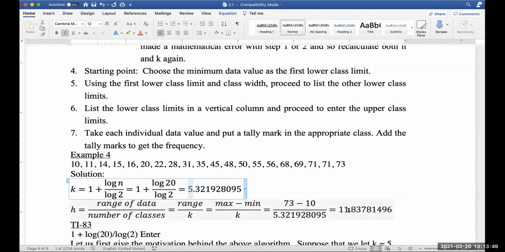So what it says is that if we're lucky enough that this number was 5, and this number is an integer, and if we were lucky enough that the class width equaled something that has the same place value as our data.